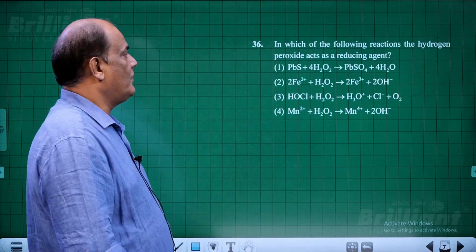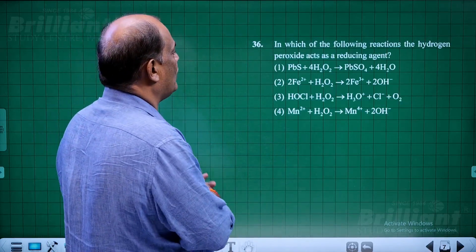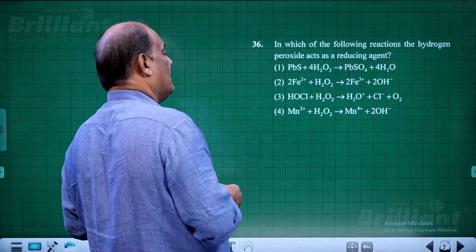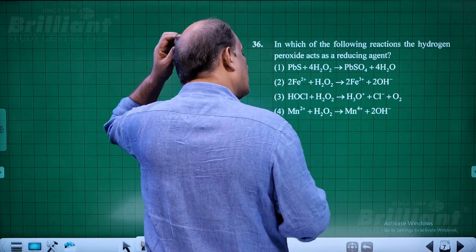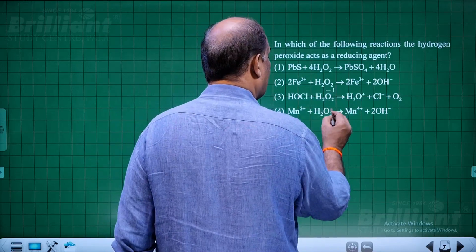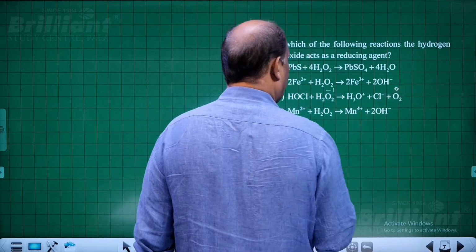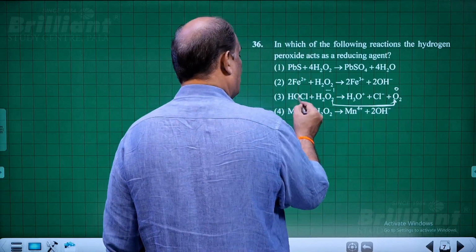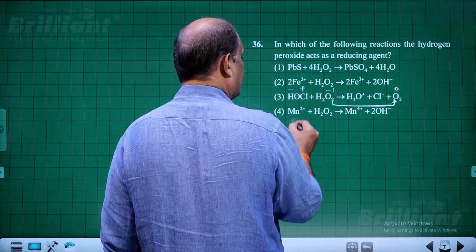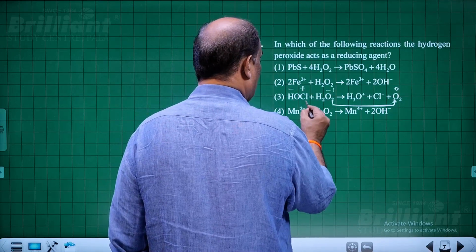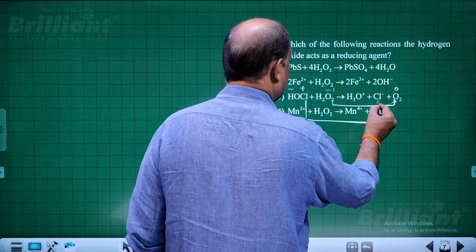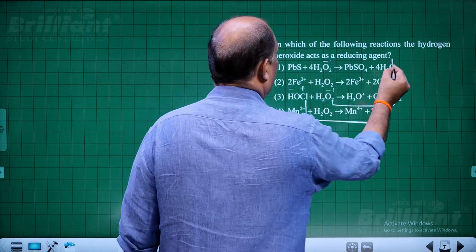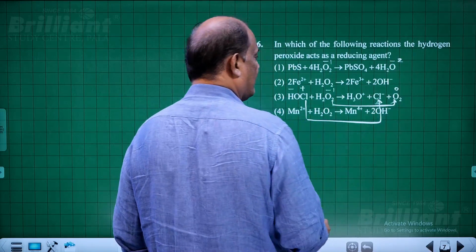Okay. In which of the following reactions does hydrogen peroxide act as reducing agent? Reducing agent means it must undergo oxidation. This is what? -1. This is 0. So it has undergone oxidation. So HOCl, HO minus Cl plus. Cl plus 1 has been changed to Cl minus. Here only taking, because this is what? -1 to minus 2, undergone reduction.